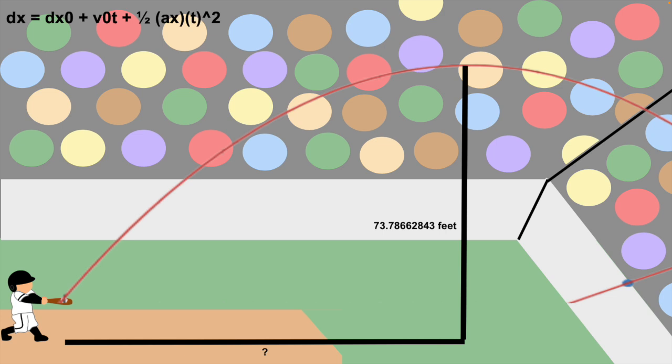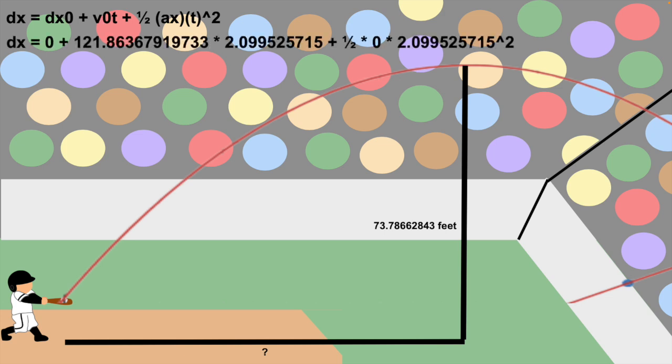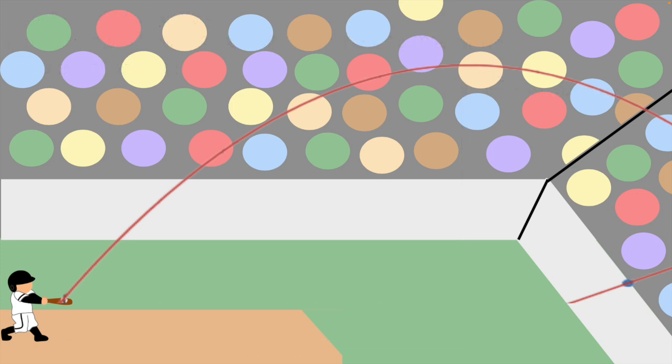When we insert the values, we get dx equals 0 plus 121.86367919733 times 2.099525715 plus 1/2 times 0 times 2.099525715 squared, or dx equals 255.8559282 feet.